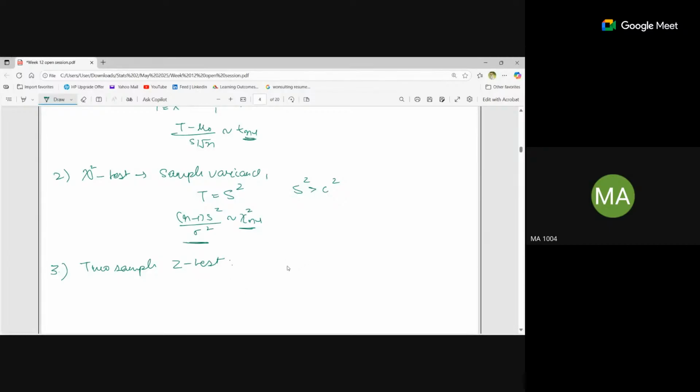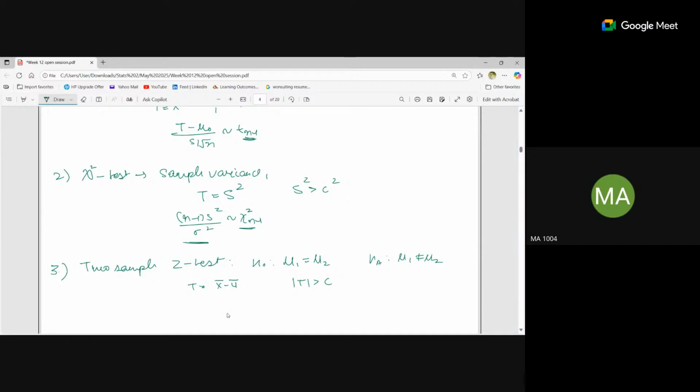Now we have the two samples Z test. In this, my null hypothesis would be mu1 equals mu naught, and my alternative would be mu1 is not equal to mu naught. Now here my test statistic T would be x bar minus y bar, and I would be rejecting if the mod of T is greater than some critical value.